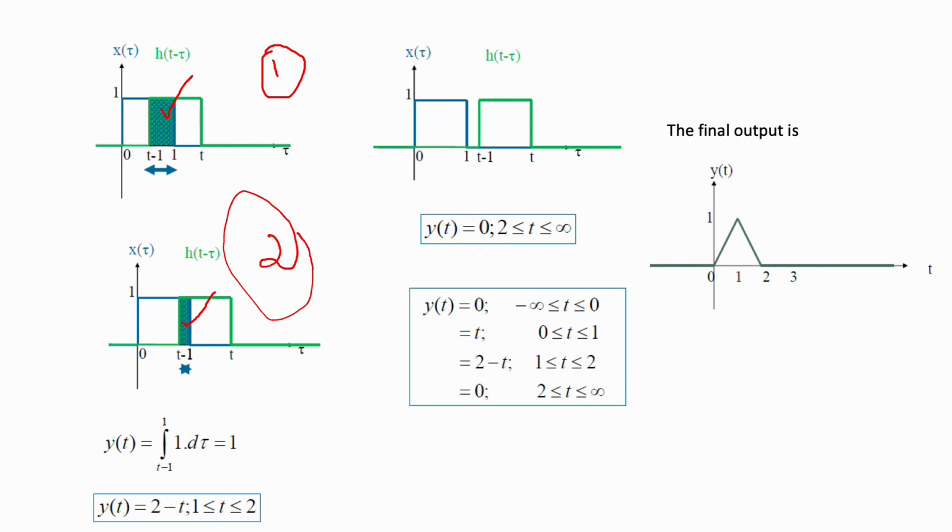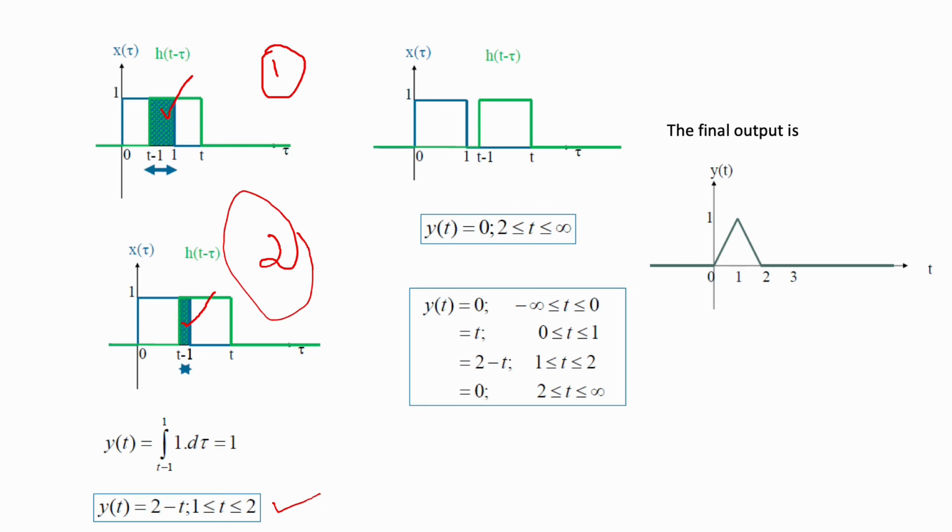Now what will be the limit? The lower limit is t minus 1. The upper limit is 1. What will be the amplitude? 1. Now you integrate it, substitute the lower limit and upper limit. This will be the answer. Now the final, if you keep on moving, there will be no common area.